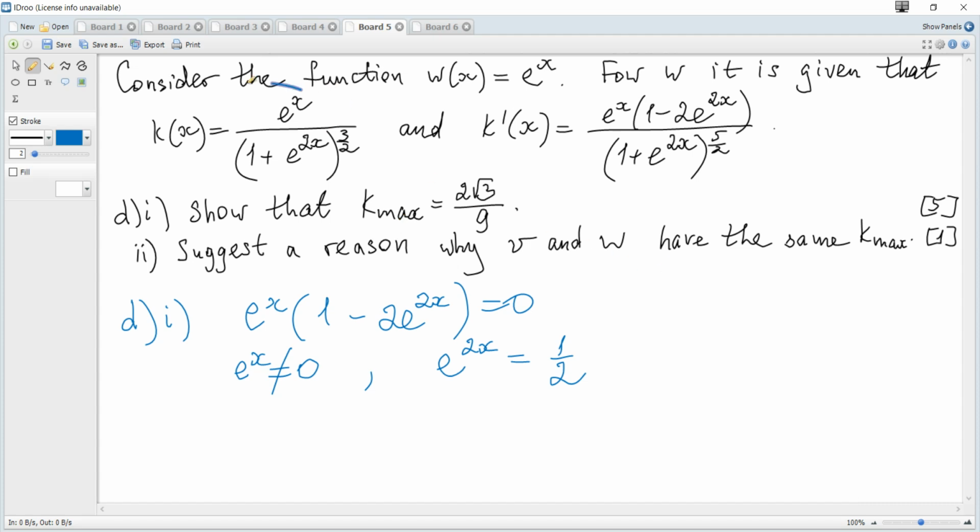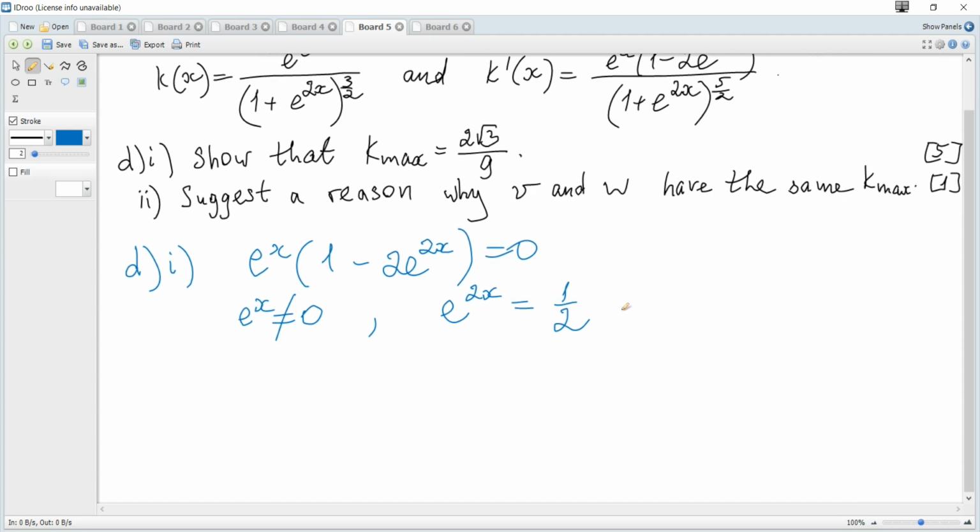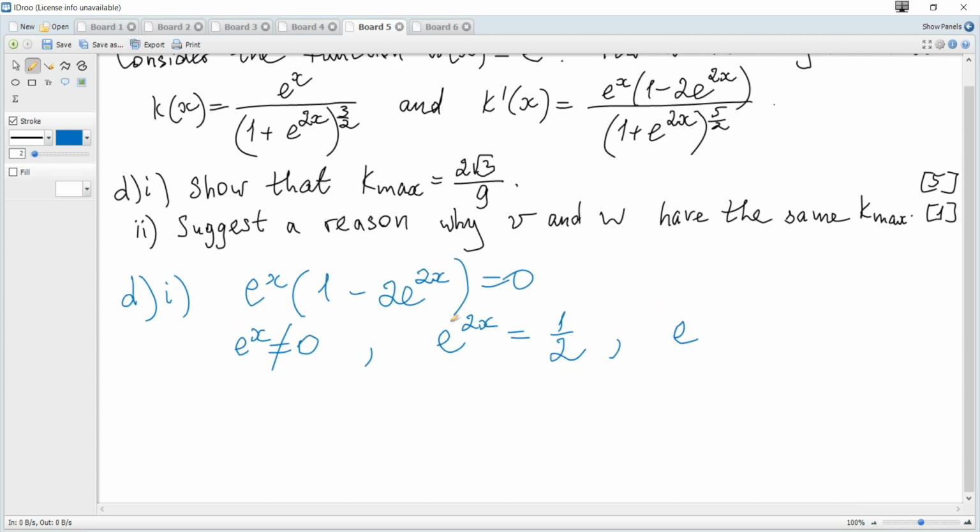To find the maximum value of this function we need e to the power of x and e to the power of 2x, and x is not required. So it's not required to solve for x, but we need e to the power of x, and applying the square root on both sides, it becomes that e to the power of x is 1 over square root of 2.